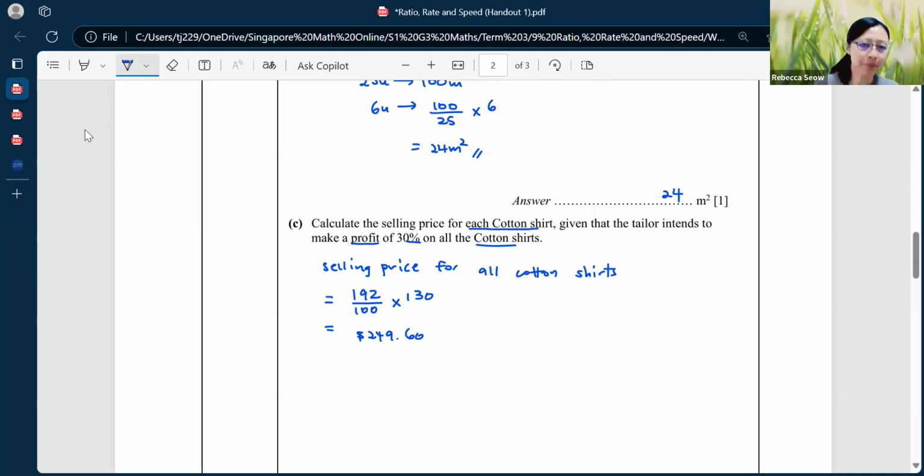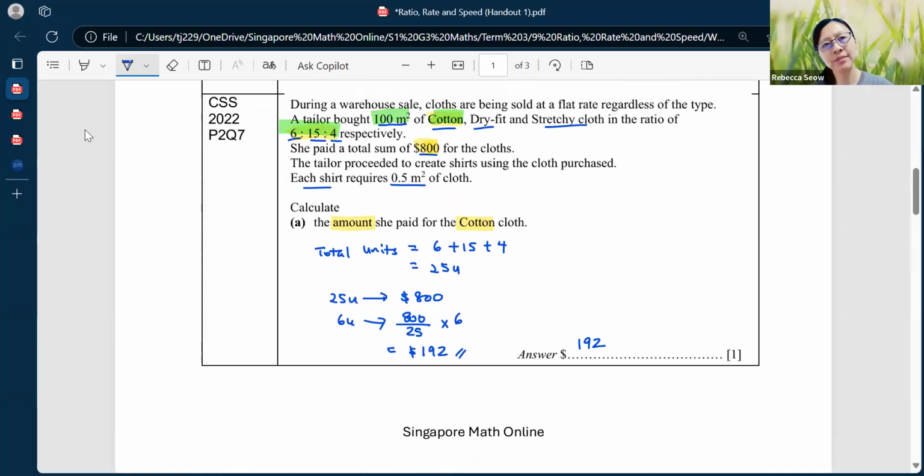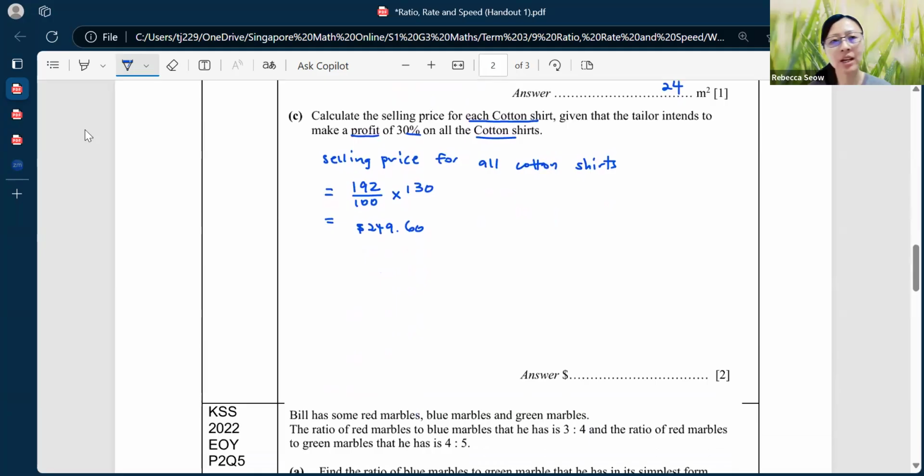How do we find the price for each cotton shirt? First and foremost, we need to know how many shirts can be made. So let's see if there's information given. Yes, each shirt requires 0.5 meters square of cloth. Okay.